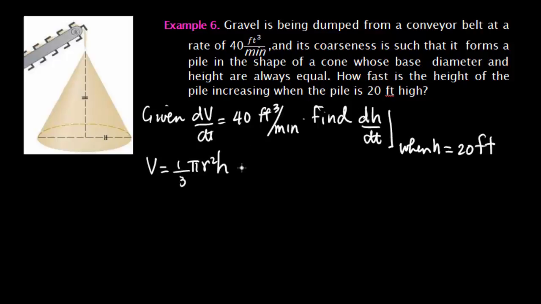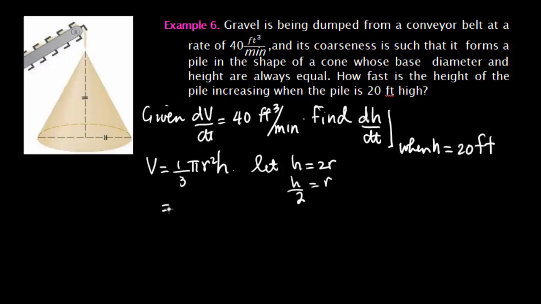So we let h be equal to 2r, because that's the relationship they have: the diameter is always equal to the height. The diameter means twice the r. So from here, we solve for r in terms of h, so r is equal to h over 2.